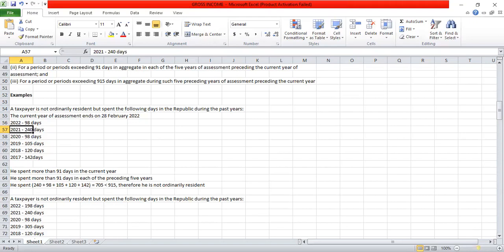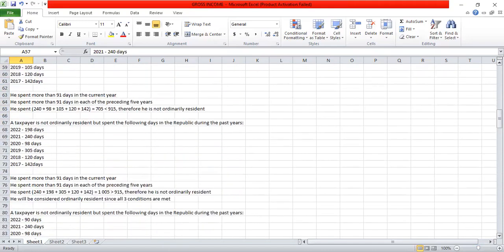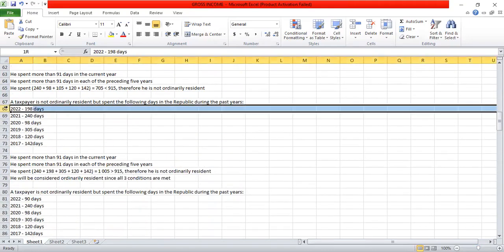Right. So now, on the second test, I think now we can be together. The first test is that in 2022, our year of assessment, we have more than 91 days. So this taxpayer had 198 days, which is more than 91 days. So he fulfills the first test. Are we together there? Yeah. The next test now is to look at the previous 5 years.